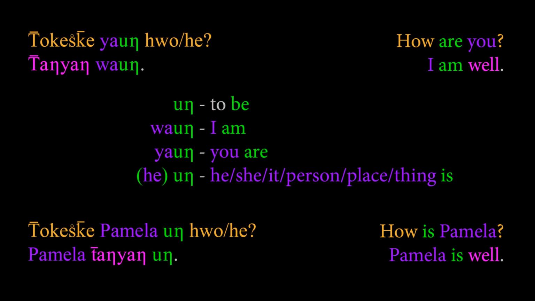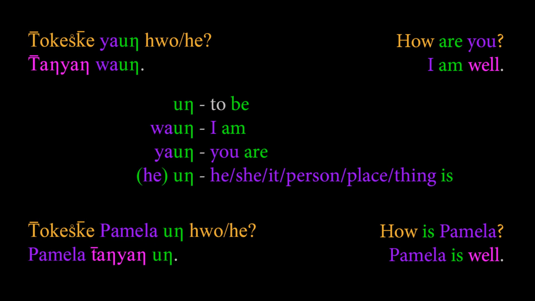So here is where we are talking about somebody. We are asking about somebody. You look at the first question and answer on the top of the screen. They're talking to each other. How are you? I am fine. But when you ask about somebody else, or you're talking about somebody else, then things change a little bit.